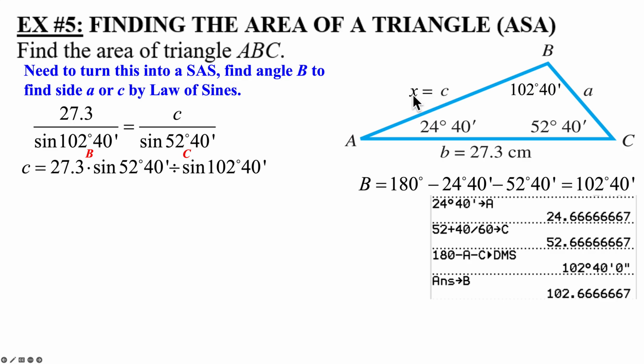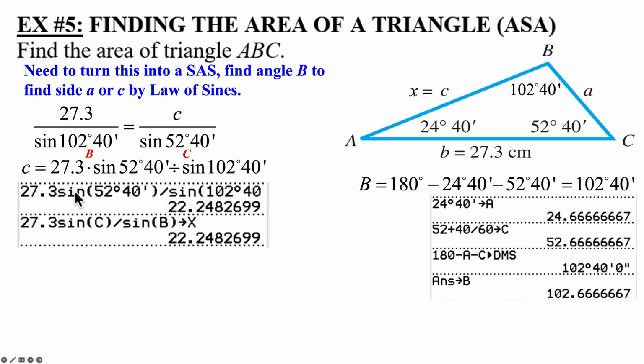So I'm going to call that X. So when I type this all in, as you can see how much longer it is to type this all in compared to this. So I typed this all in. I put in the little tick mark, close the parentheses, store it for X, or I can just type this in, get the exact same value.